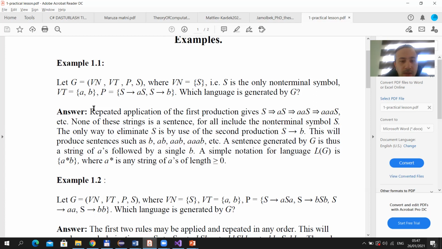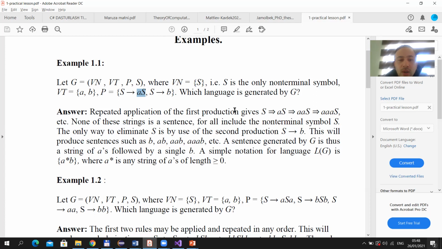So, answer: repeated application of the first production gives S goes to AS, and we can repeat this many times. Instead of this S, we can put AS again, so we get AAS, AAAS, and so on.